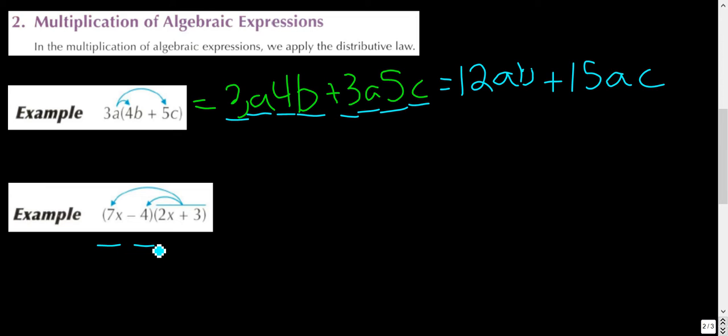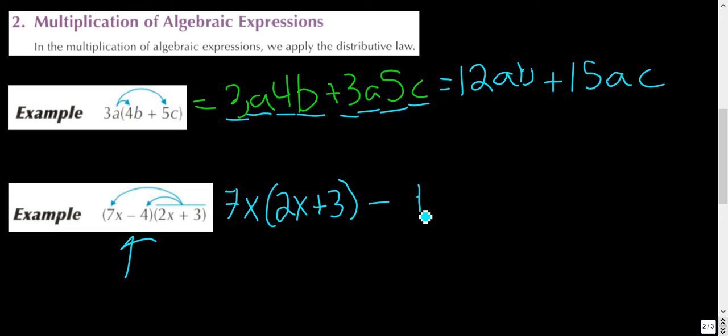So instead of thinking of it as FOIL, it may be useful to think of this as 7x times 2x plus 3, and then a minus 4 times 2x plus 3. It's the same thing as what we would do with FOIL, except we end up with something maybe a little simpler for some people to deal with.